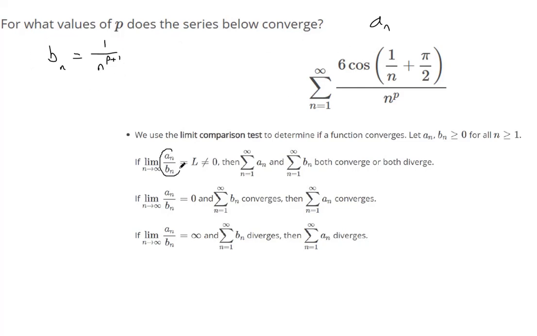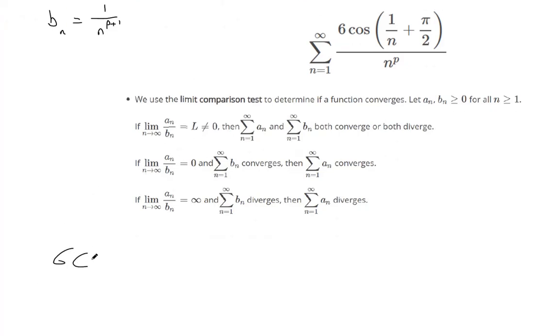And then let's do what it says. Divide the two sequences and take a limit as n goes to infinity. So here's my first sequence, 6 cosine 1 over n plus pi over 2. Very intimidating probably. It's just a regular old sequence. And I'm going to divide that, so that means I'm going to flip and multiply the P series I chose over there.